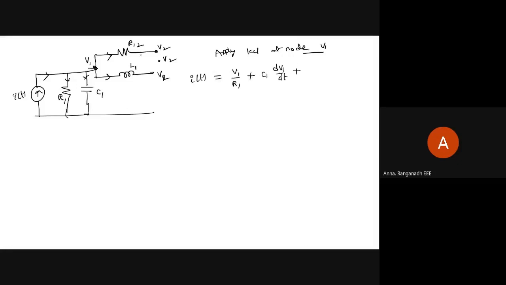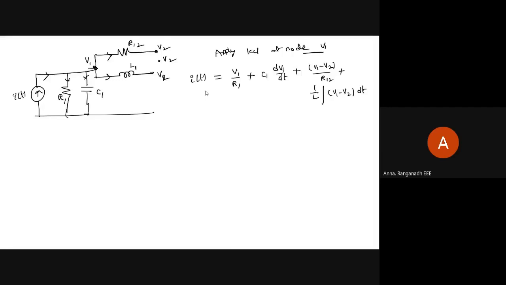Next, the current through this resistance is V1 minus V2 by R12, plus the current through the inductor, 1 by L integral V1 minus V2 dt. This is the nodal equation at node V1.